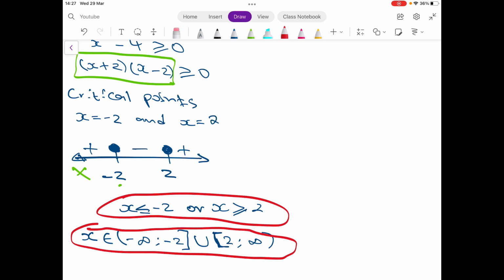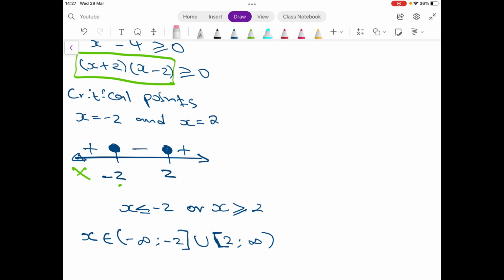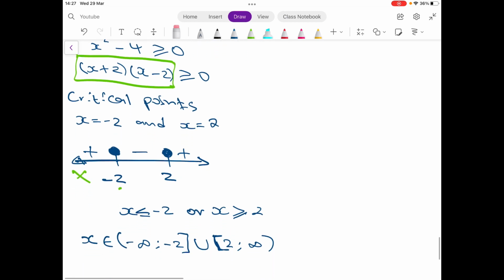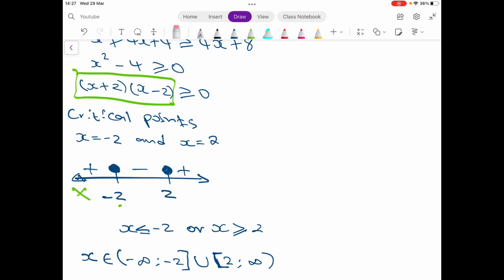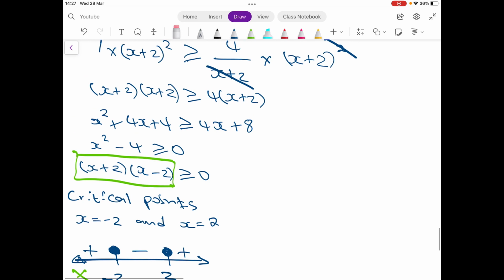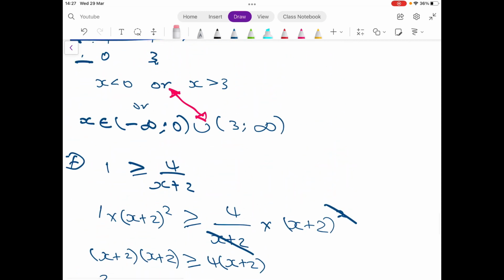Okay, here is the situation with these questions in particular. Now that you have identified what is happening with this fraction, you know the final solution. Here is the thing about it. We said x is greater or equals to 2, or x is less or equals to negative 2, but think of the inequality that you were given initially.